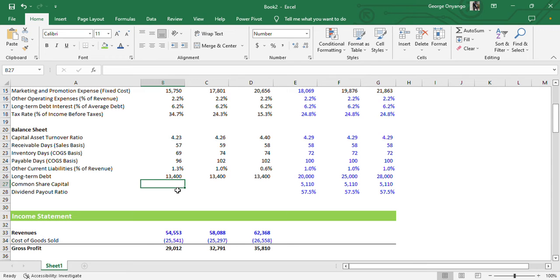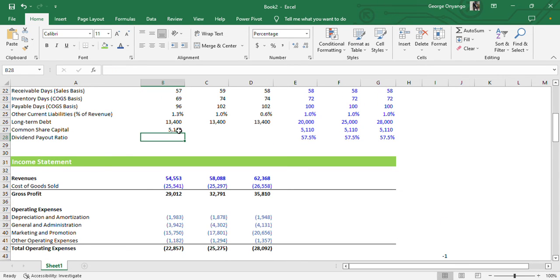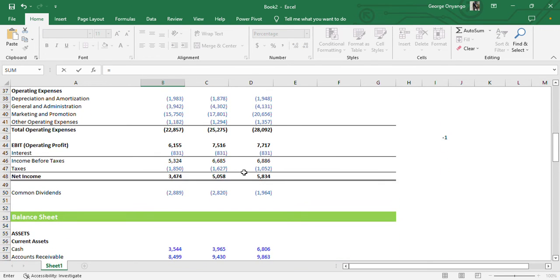Then we have the common share capital. What is the common share capital? We get that from the balance sheet. Then the dividends payout ratio. The dividends payout ratio, you get it as a ratio of dividends paid against the net income.